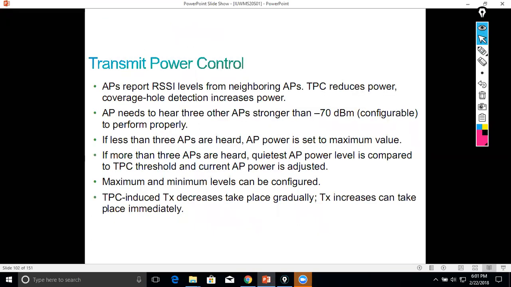Transmit power control is another major component of RRM. Transmit power control means I am controlling the power: whenever required, I can increase and decrease power, and the controller takes that decision for the APs.